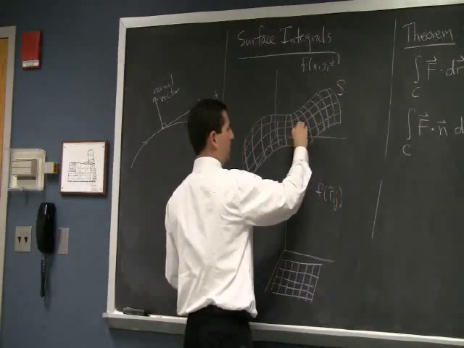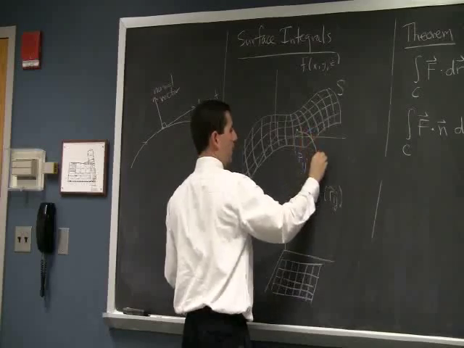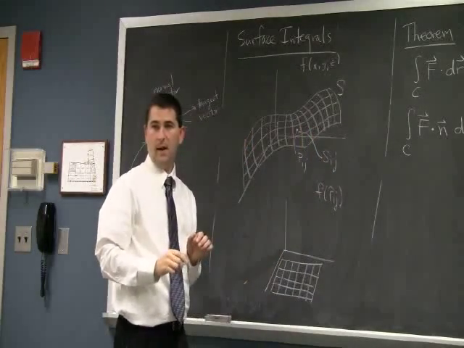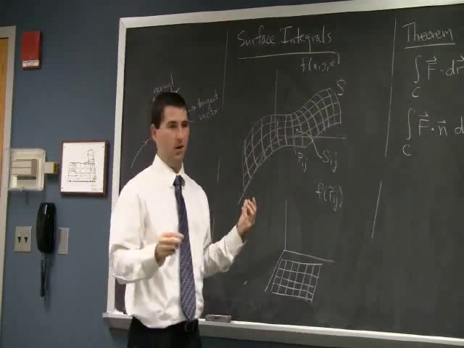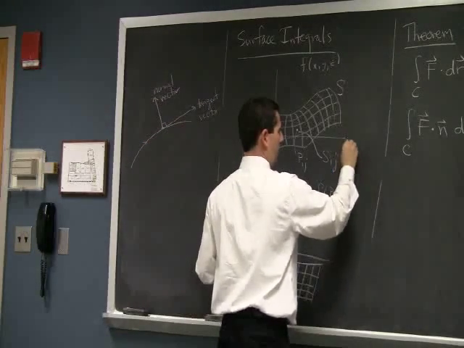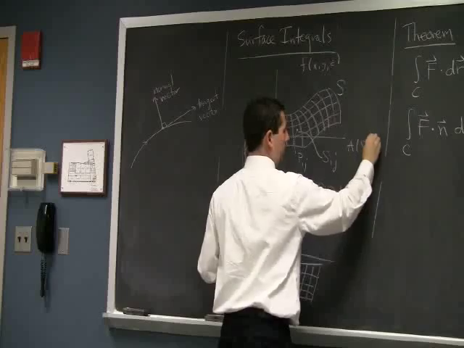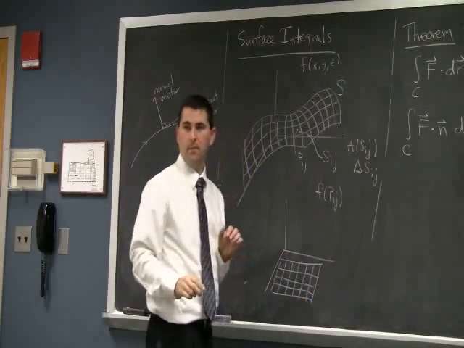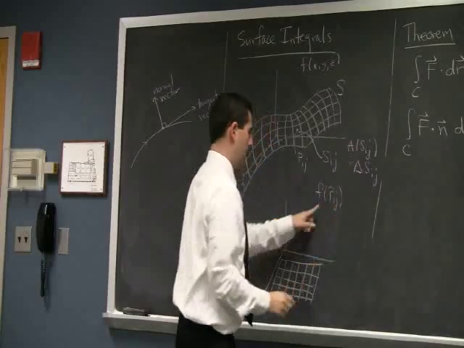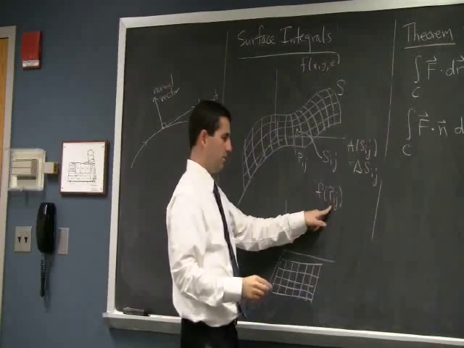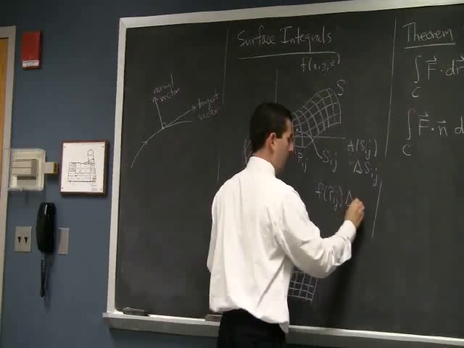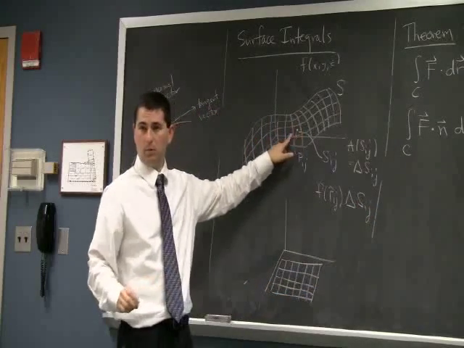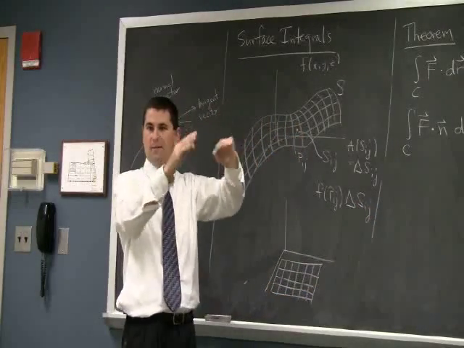And then let's say the whole square itself is called Sij, and the area of Sij is always called delta Sij. I'm going to take the value of the function at that point and multiply by the surface area of that little rectangular thing.